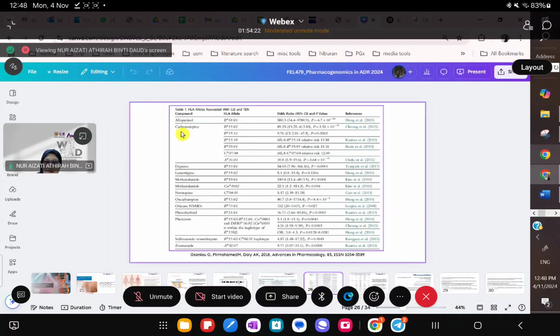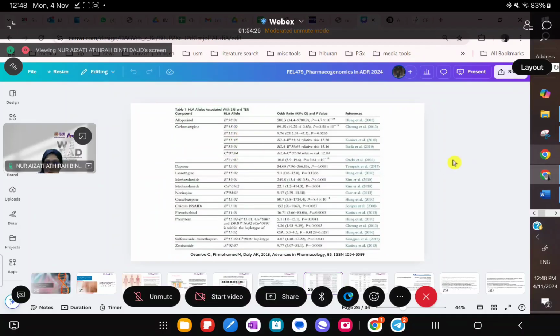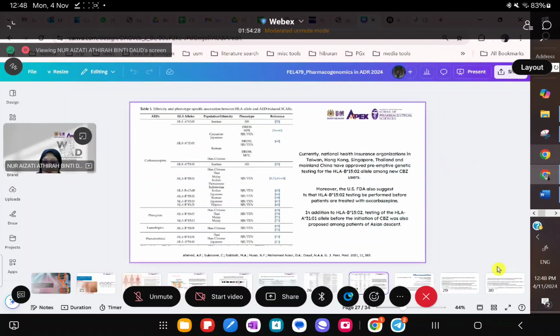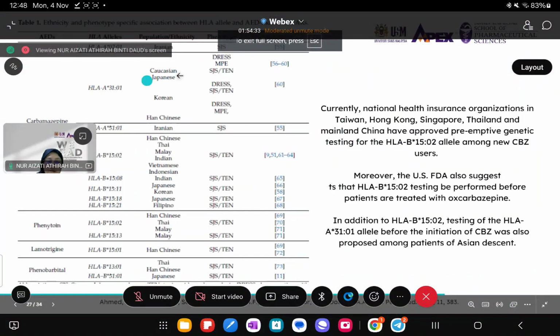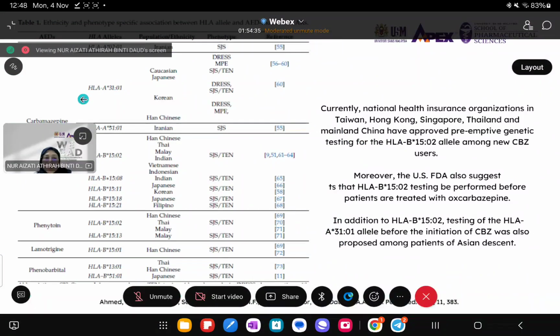Contohnya kat sini kan, this carbamazepine 1502 and HLA-A 3101. And if you can see further, this one in Korea ada HLA-A 3101. And also 1502 pun ada juga lah. Usually if it's Asian population, we need to test for 1502. And also HLA-A 3101.